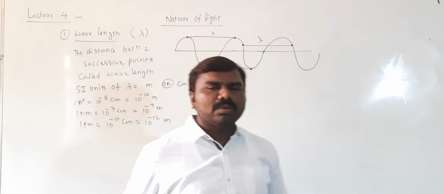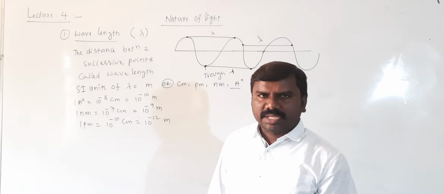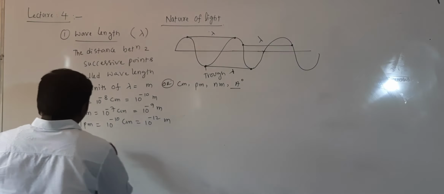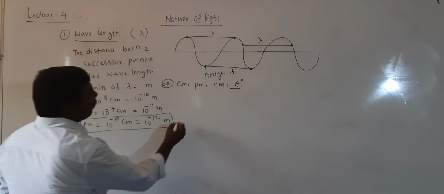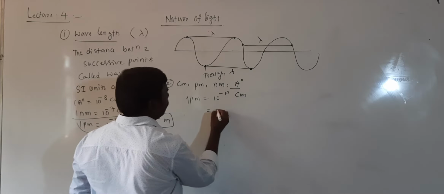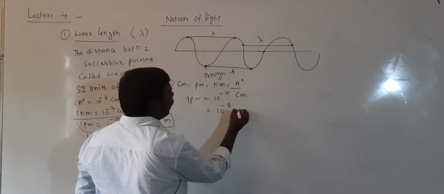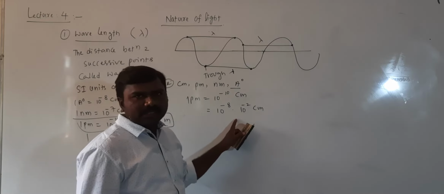Unit conversion, you know, is very, very important. You have to remember it to solve problems on this scale. Next, 1 picometer equals 10 to the power of minus 10 centimeters, which is 10 to the power of minus 8 into 10 to the power of minus 2 centimeters. Shall I write it like this?